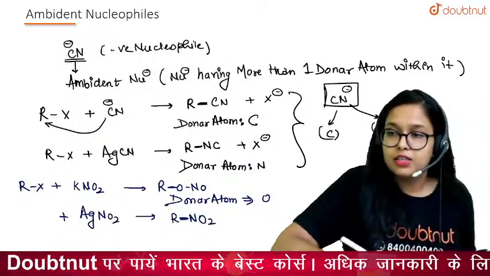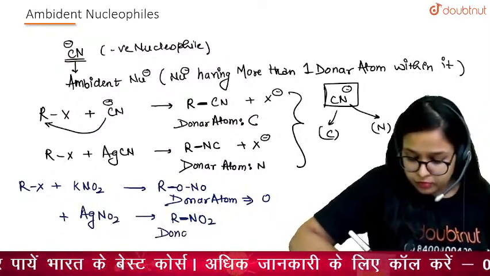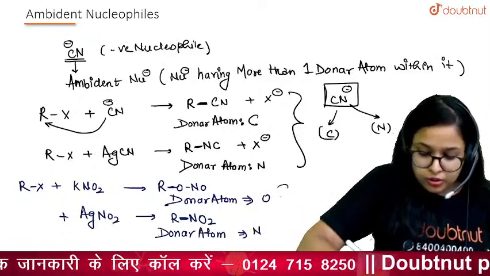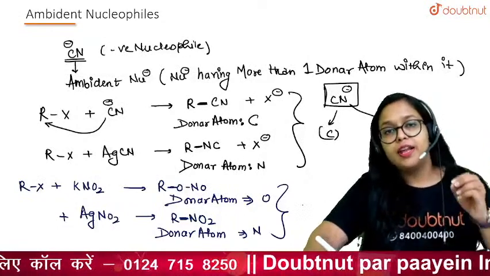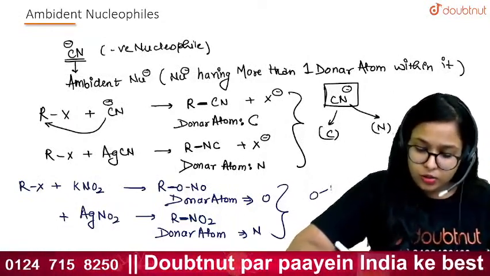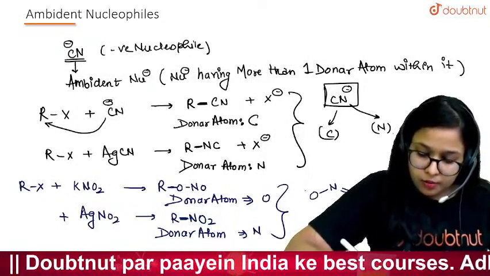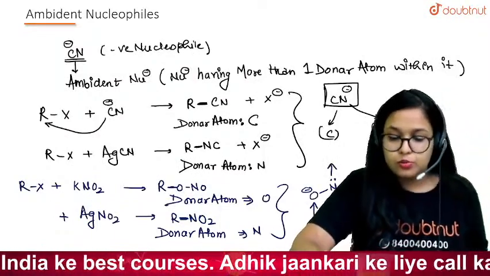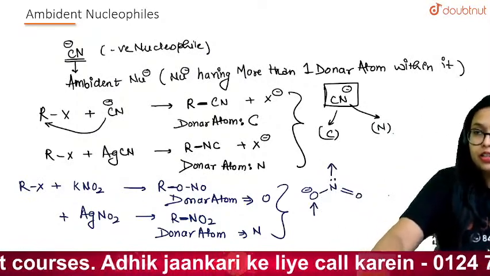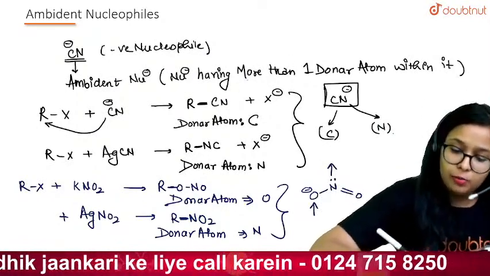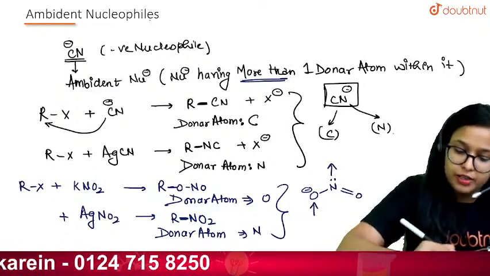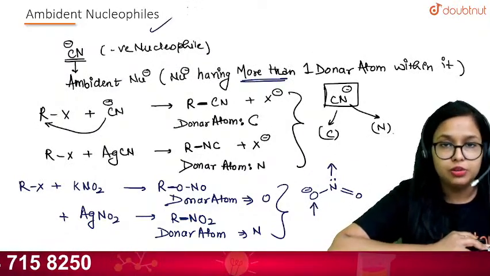The donor atom is nitrogen. So this is also your ambident nucleophile, because in ONO, the donor atom can be oxygen, the donor atom can be nitrogen. We have two donor atoms, or we say more than one donor atom, within the nucleophile. Such nucleophiles are called ambident nucleophiles, right?